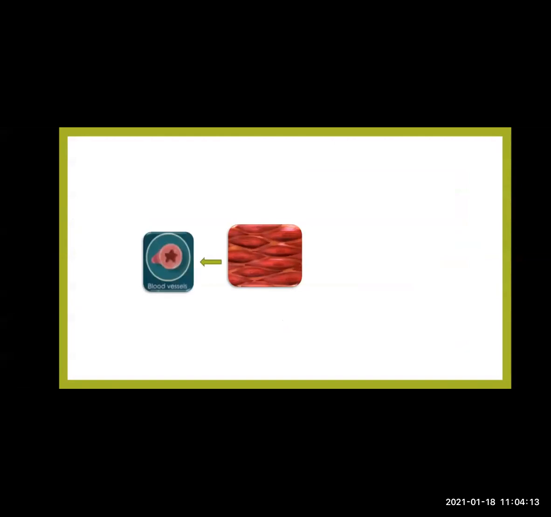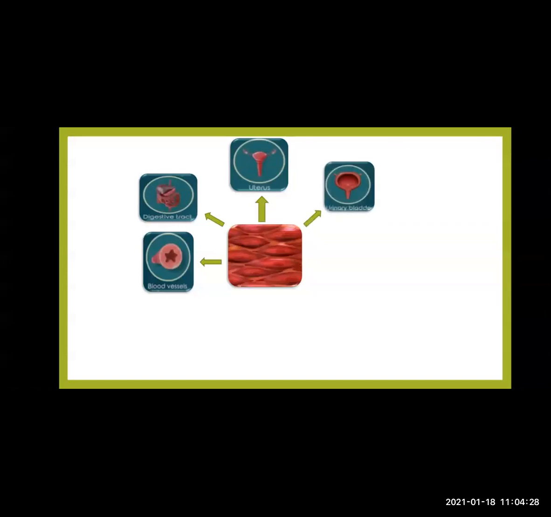It is present in the lining of blood vessels. It is present in the lining of our digestive tract. It is present in the uterus, in the urinary bladder, as well as in the iris of the eyeballs. So this is the location of smooth muscles.